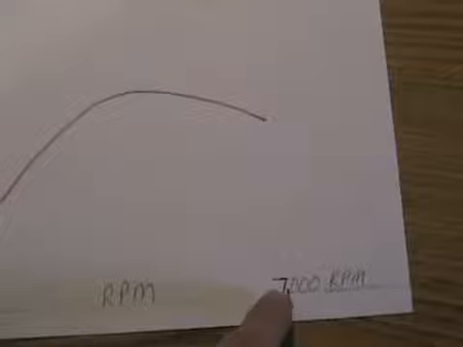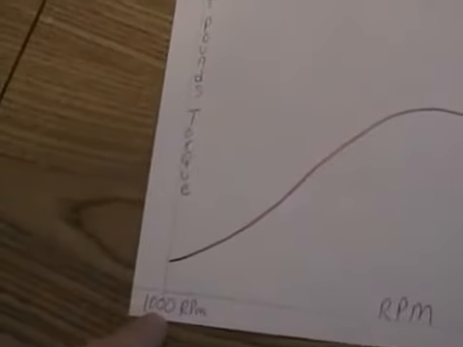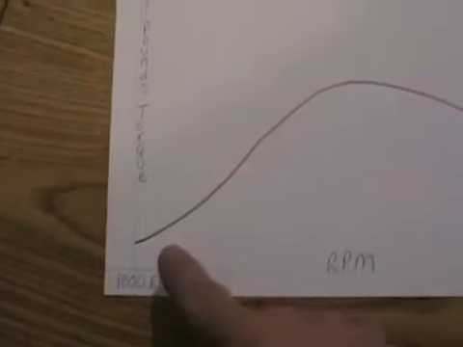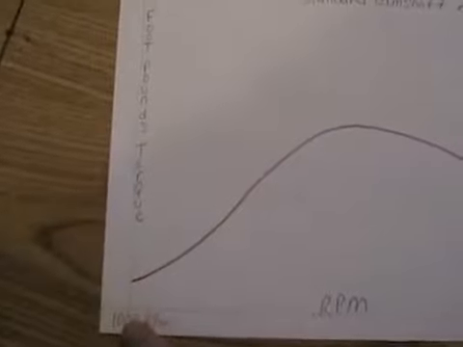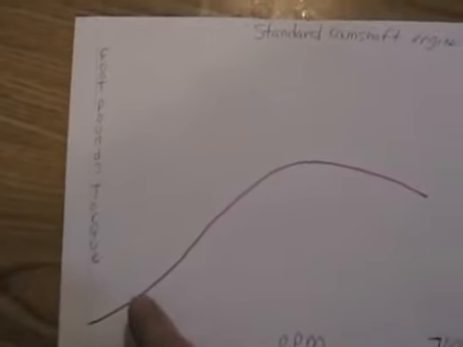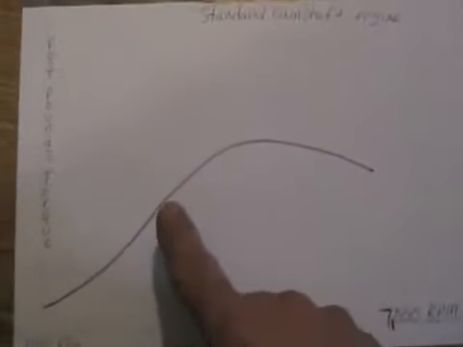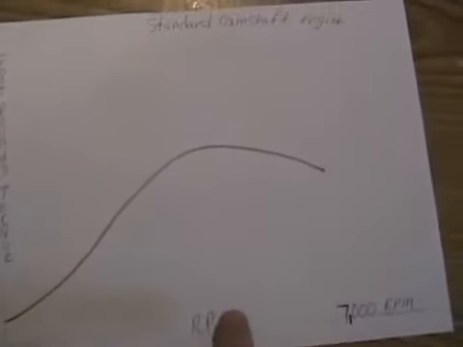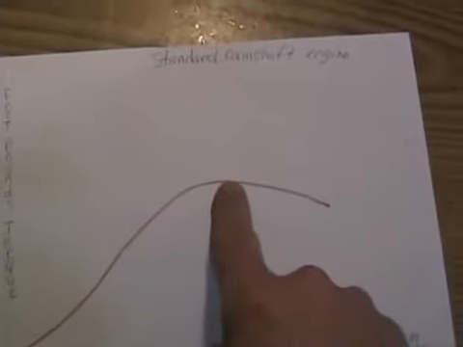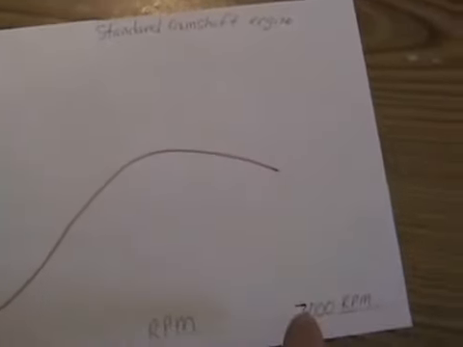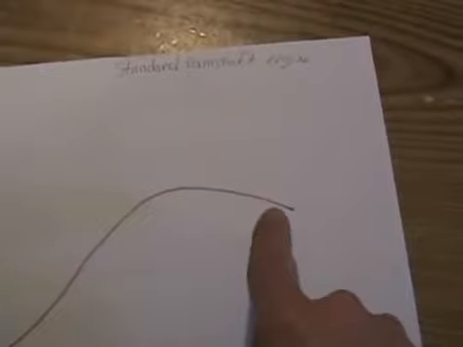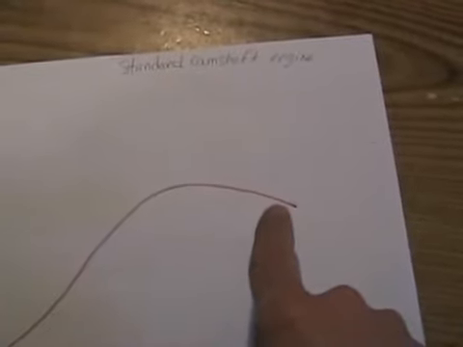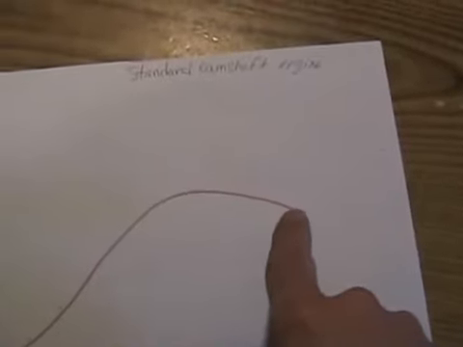So we have 7,000 RPM here, and we'll imagine idle is 1,000 RPM, and the height of the graph is foot-pounds of torque. So here we are starting from an idle of around 1,000 RPM, and as we're accelerating the RPMs of the motor, torque is peaking at about 3,600 RPM, and if you speed the engine up faster than that, higher RPM, you lose some torque because of aerodynamic drag in the intake system, and you've lost some horsepower.